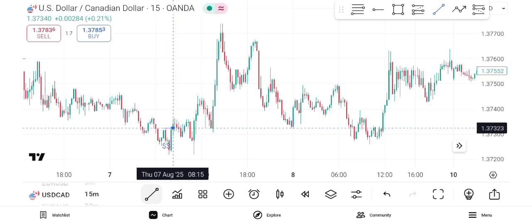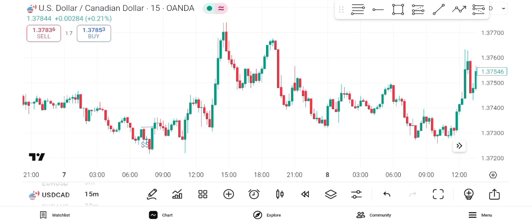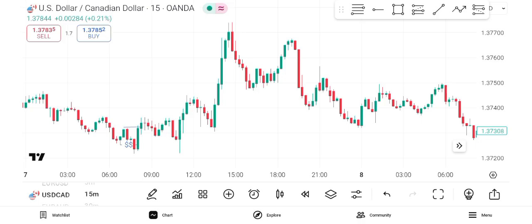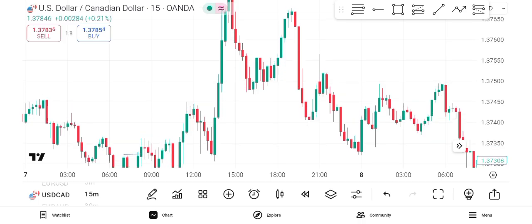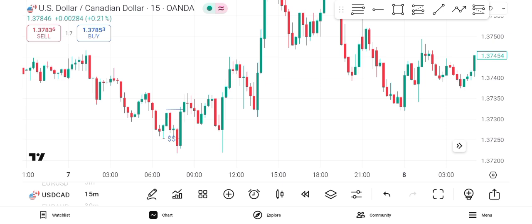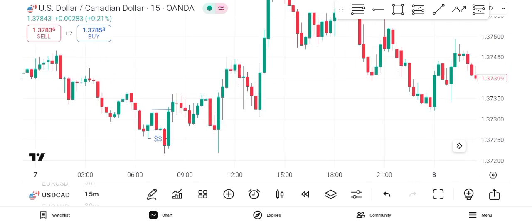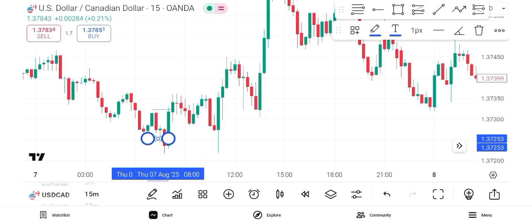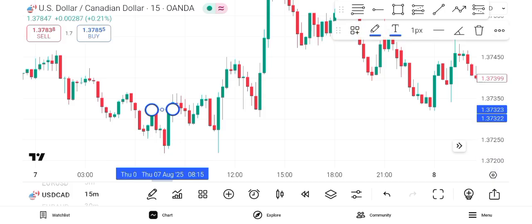But one thing, guys, as we have a sweep of liquidity and the market breaks the structure, the market taps into that structure, which means that swing is not valid again. You just have to move away from there. So what I just have to do is to clear that one.